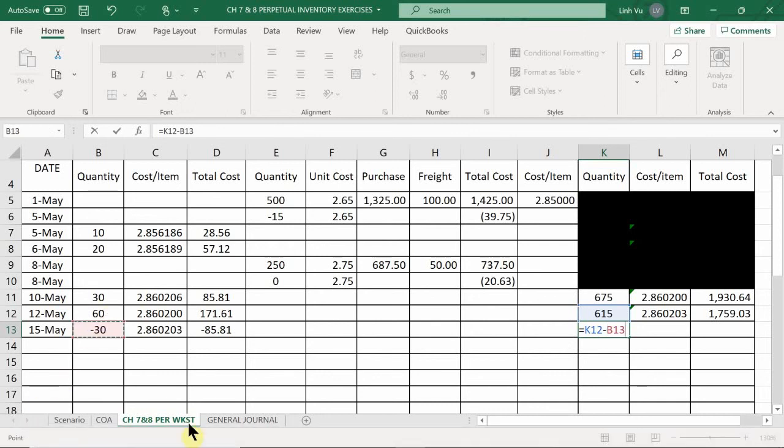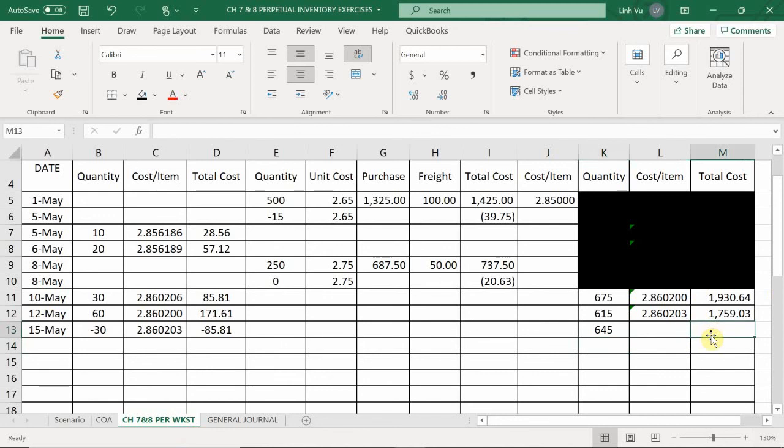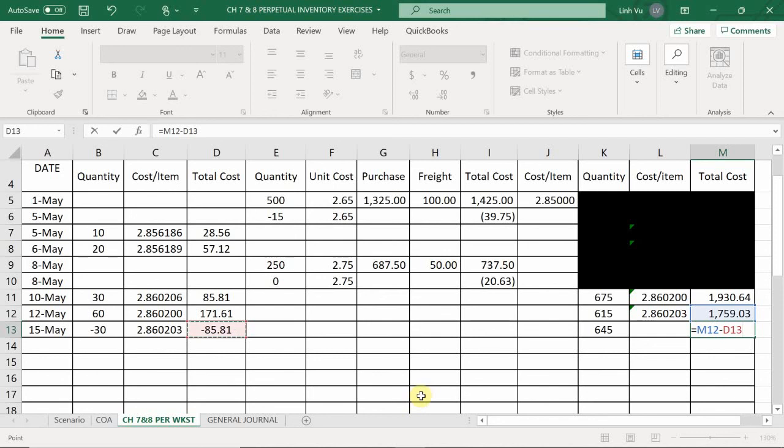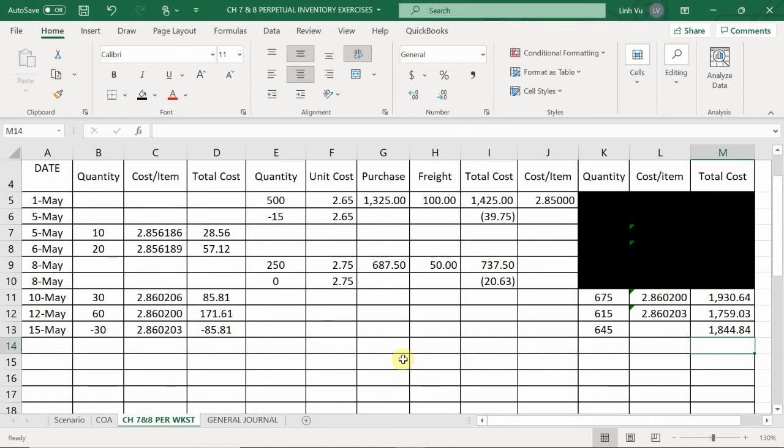So how much is my inventory now? $645. Okay. I have to add back the $85.81, to give me a total of $1,844.84.